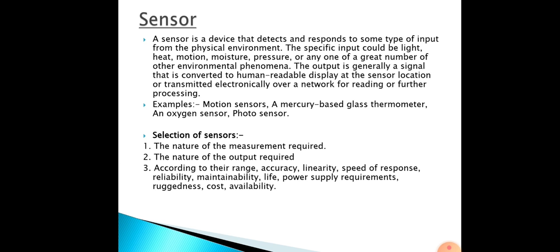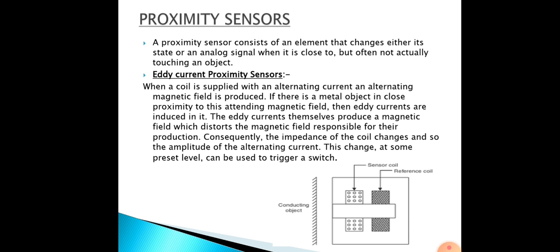The possible sensors can then be identified, determined by the signal conditioning requirements in order to give suitable output signals at the measurement. Then they are selected according to their range, accuracy, linearity, speed of response, reliability, maintainability, life, power supply requirements, ruggedness, cost and availability.